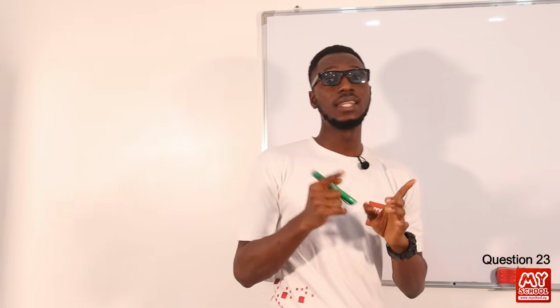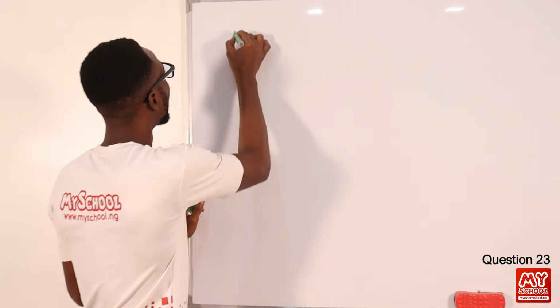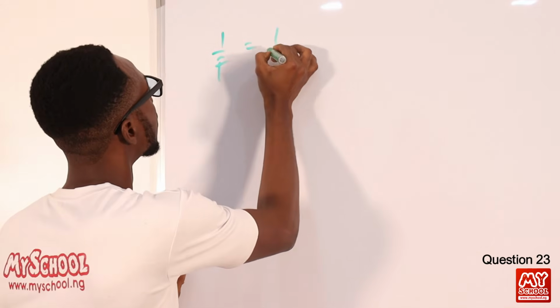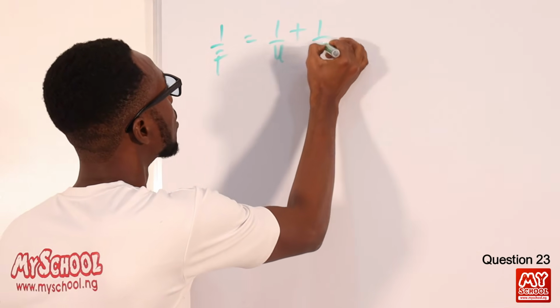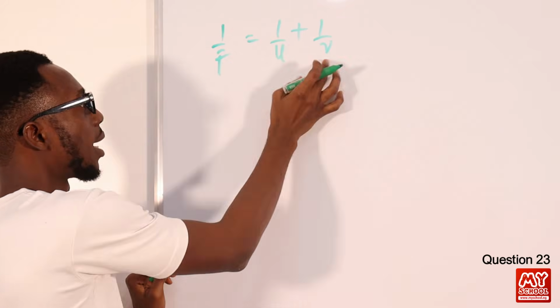So at first we want to find the image distance. Remember, we have 1 over F equals 1 over U plus 1 over V. I have to bring this here so that I can find this.